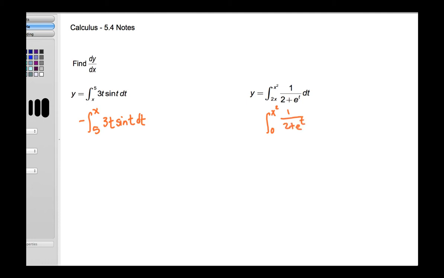And again, we're going to use some of our basic rules that we have learned about integrating, minus 0 to 2x of 1 over 2 plus e to the t dt.